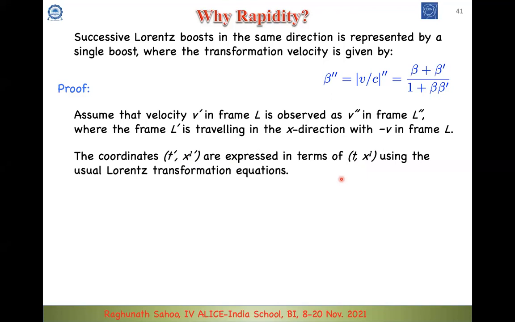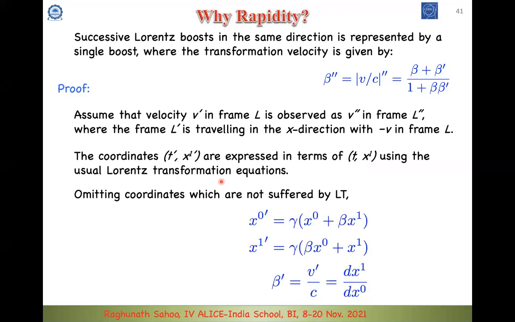So using the usual Lorentz transformation equations, let's omit the transverse directions, which are not affected by the Lorentz boost. Then I focus on my x0 and x1. Sorry, x1 is the boost direction component and x0 is the time component. Perfectly all right.